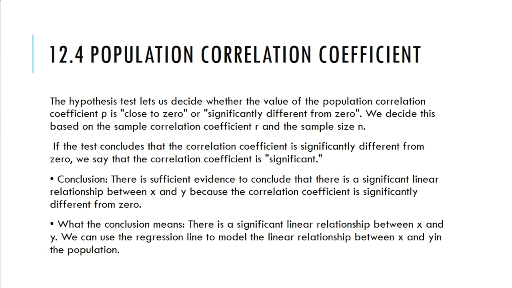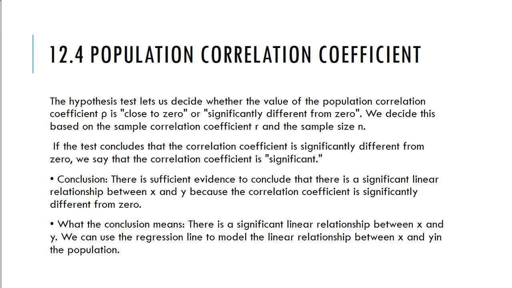So a hypothesis test lets us decide whether the value of the population correlation coefficient is close to zero or different from zero. We decide this based on the sample correlation coefficient and the sample size. If the test concludes that the correlation coefficient is significantly different from zero, we say that the correlation coefficient is significant.